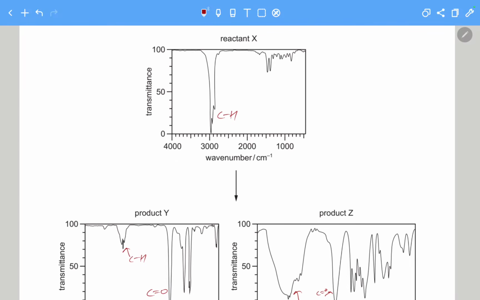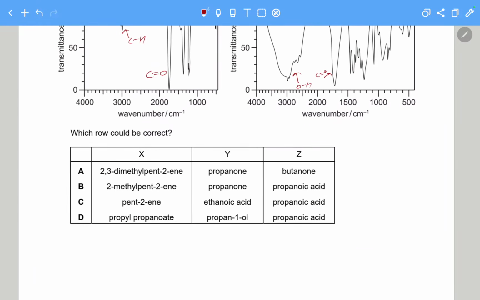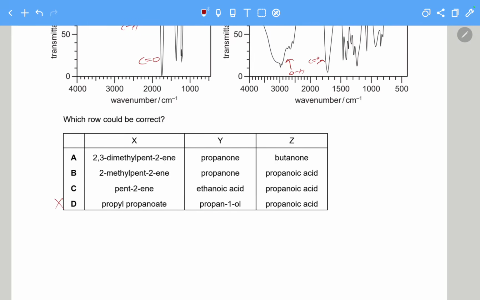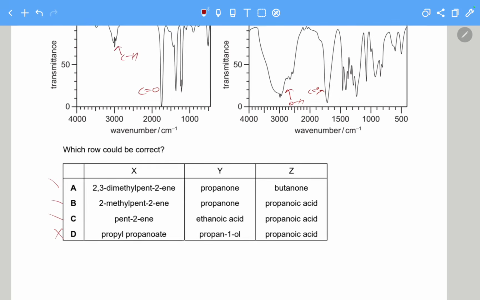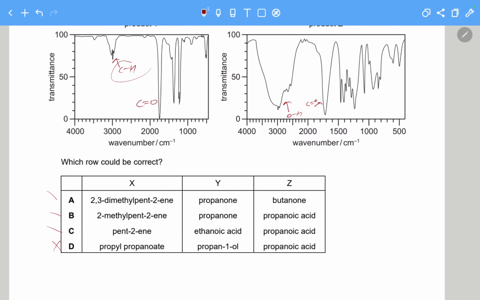So X we know is only CH bonds, and therefore it cannot be option D because propyl propanoate cannot be the first one. And now we'll move forward with the other ones. So X can be either of the things in A, B, and C. Now let's look at Y. Y we know has CH and CO, so it has to be a carbonyl compound.